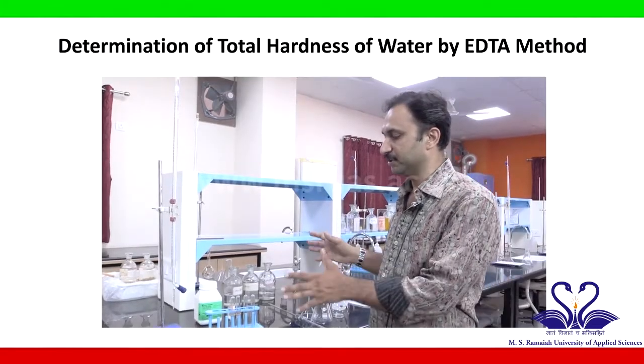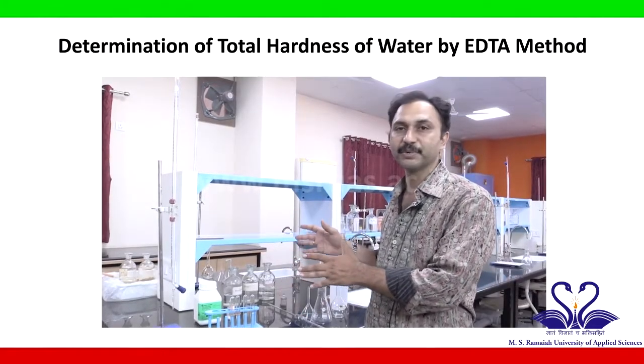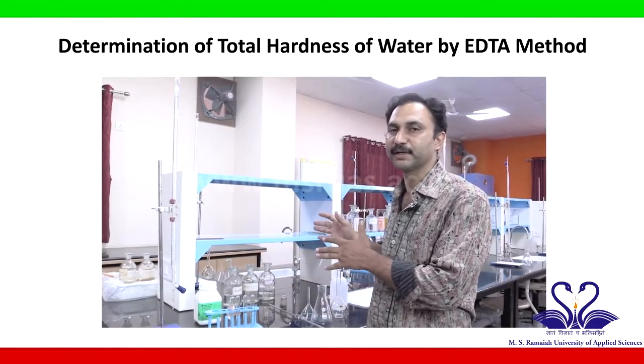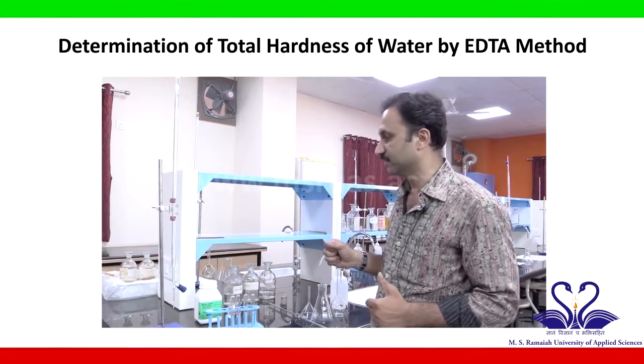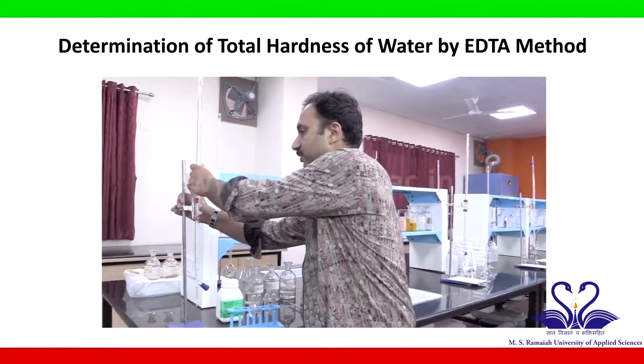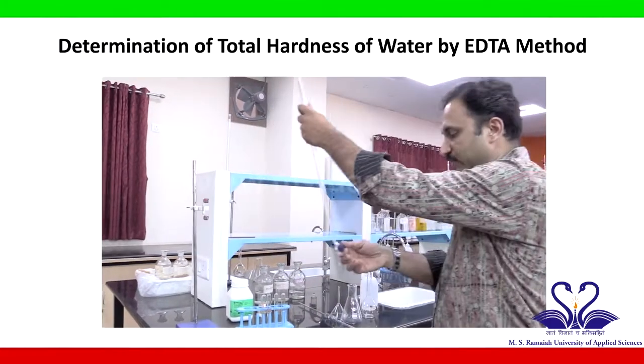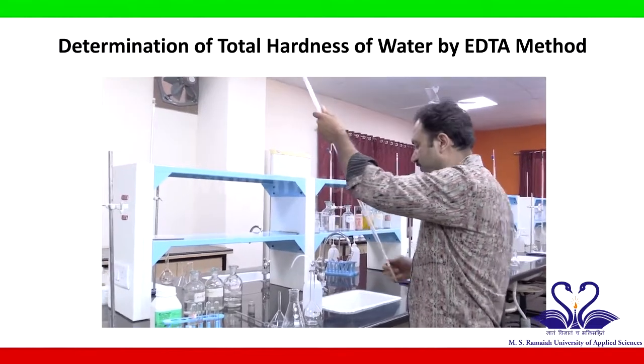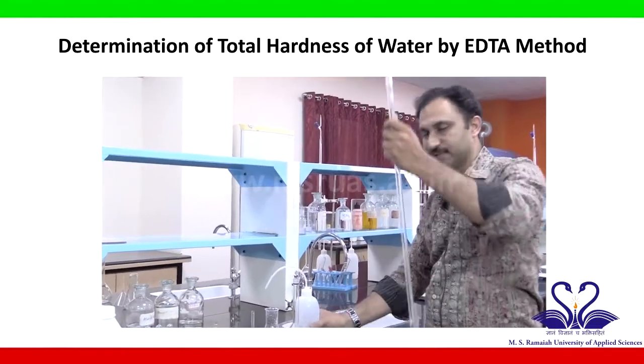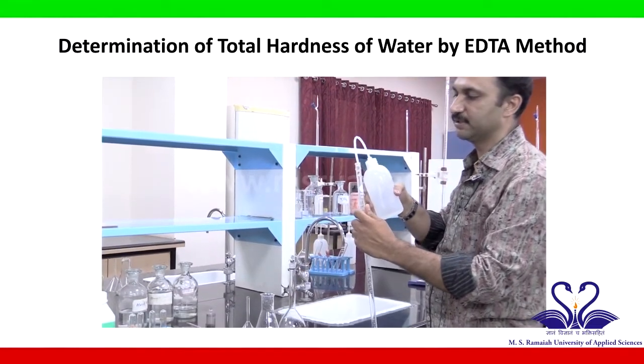So before starting the experiment, you have to see that all your glass apparatus is washed with tap water and then rinsed with the distilled water. So first I will show you how to wash the burette. You have to wash with tap water and then rinse with distilled water.